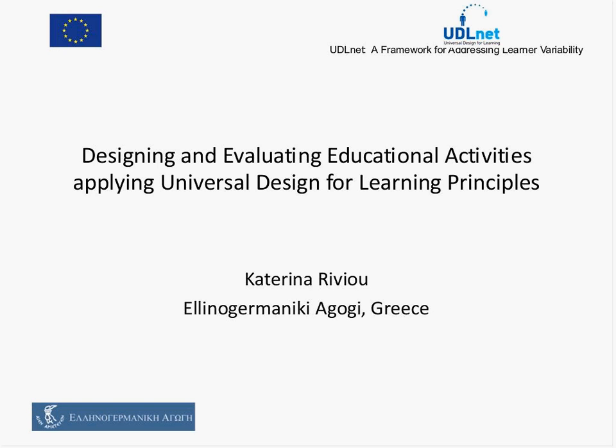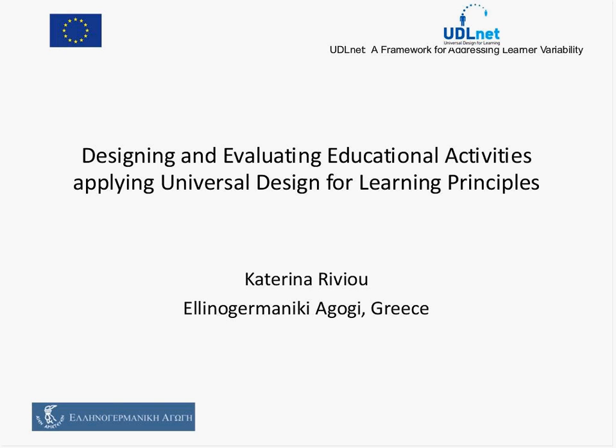We have another expert talk. As you can see, our expert is called Katerina Riviou, and she's working in a private school here in Greece called Ellinogermaniki Agogi. She's working in the research department of that school.